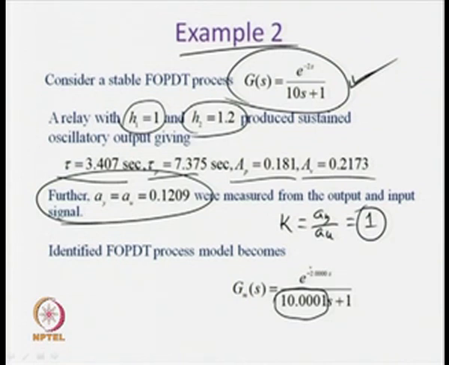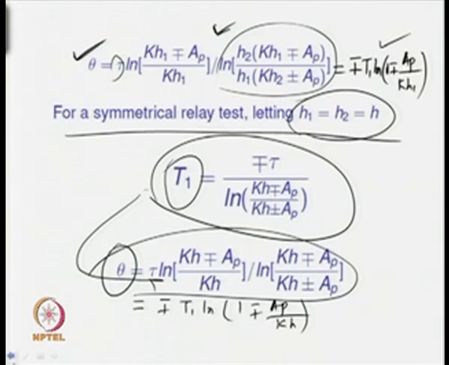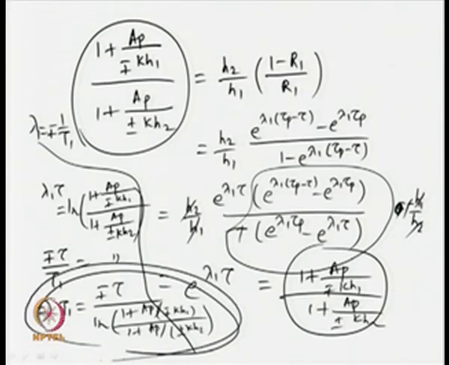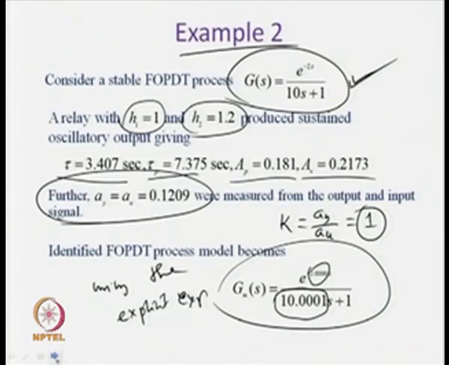Similarly, accurate values for the unknowns associated with the transfer function models are estimated using the explicit expressions that we have described before this. So, these are the two explicit expressions, this is one and the second one is this one, used to estimate the model parameters.